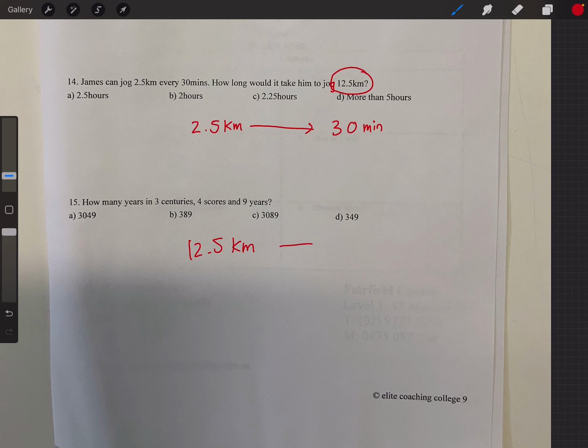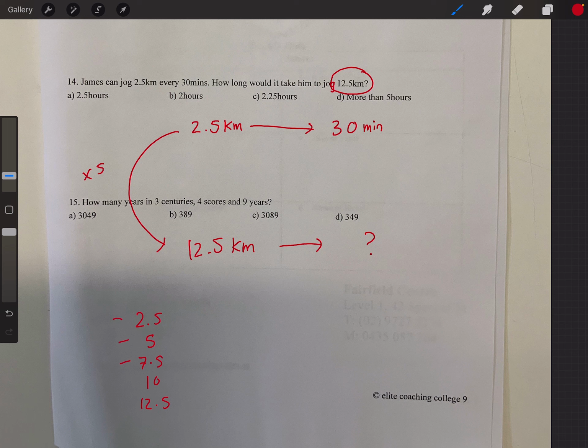And how many minutes would that be? Well, if you haven't realized already, from here to here is 5 times. 2.5, if you add another 2.5, you get 5. Add another 2.5, you get 7.5. Another 2.5, you get 10. Another 2.5 is 12.5.